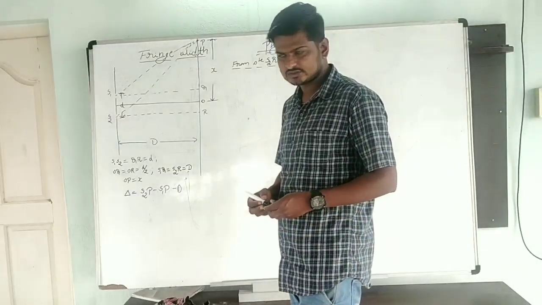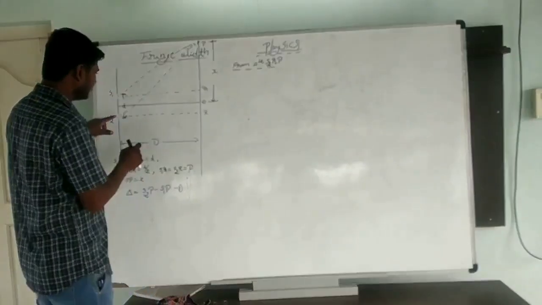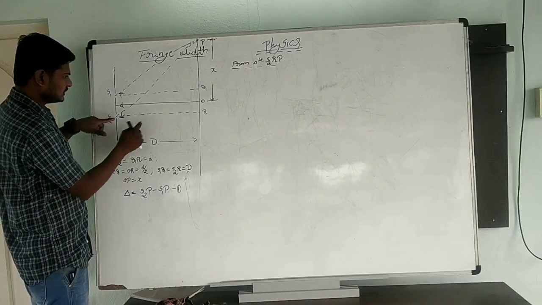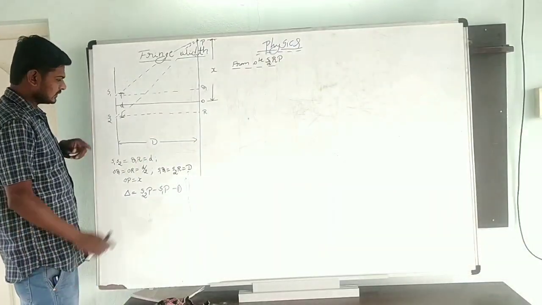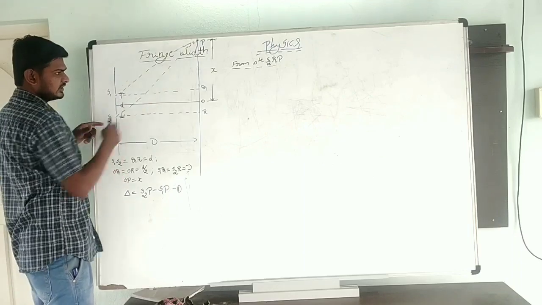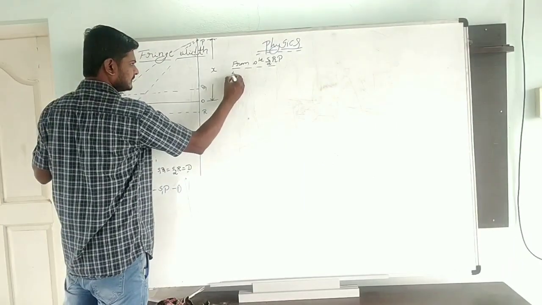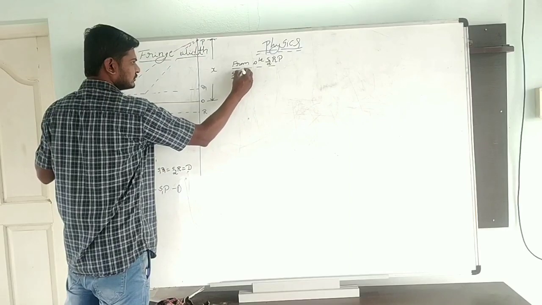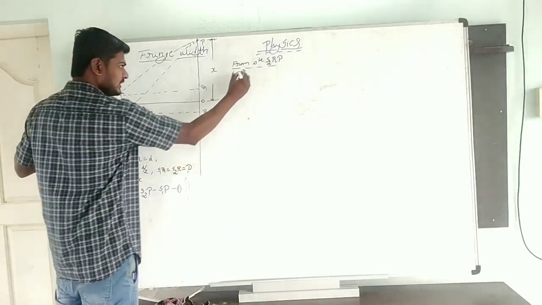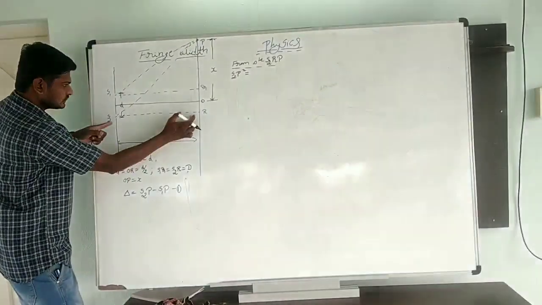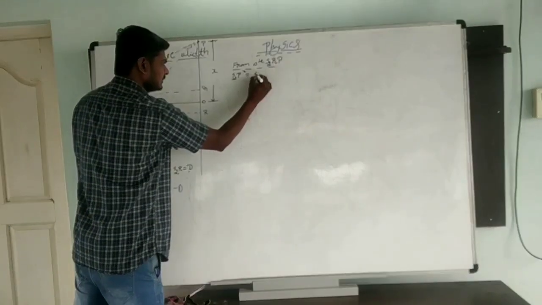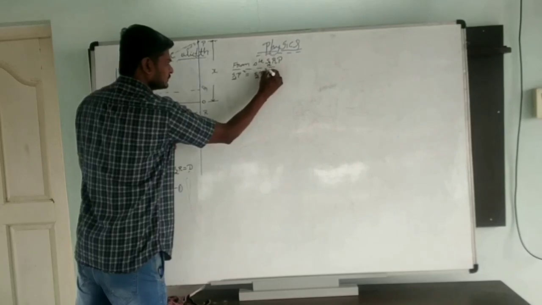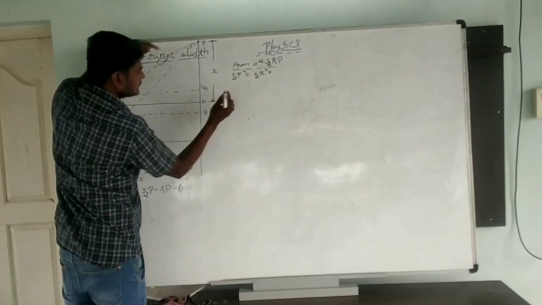From triangle S2RP, we can apply the Pythagoras theorem. This is a right angle triangle. S2P is the hypotenuse, so S2P square is equal to S2R square plus PR square.